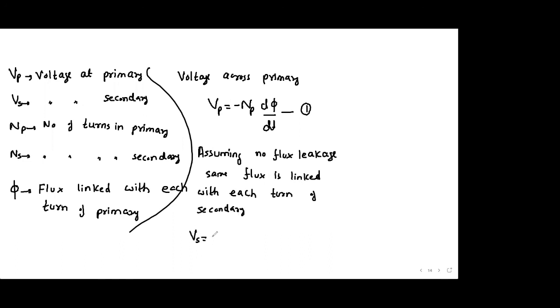So Vs is minus of Ns d phi over dt. That is equation number 2. So that is Vs.